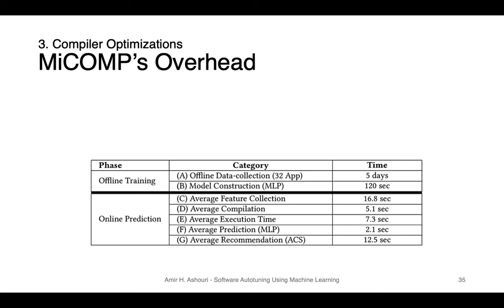You might wonder, what's the overhead involved with this process? As this follows a classic supervised learning method, you have to have one offline training no matter what. It's going to take some days because you have to generate your data, generate your model, and construct it. But once it's constructed, and it's only done once, then in the online prediction phase, when a new unseen application comes, you can just apply it, and it's going to give you the performance that you expect.